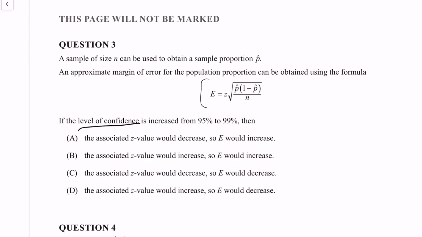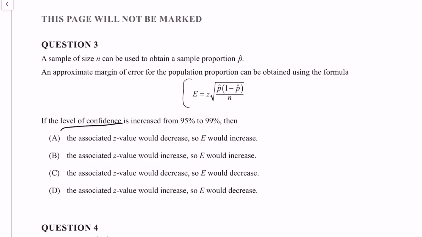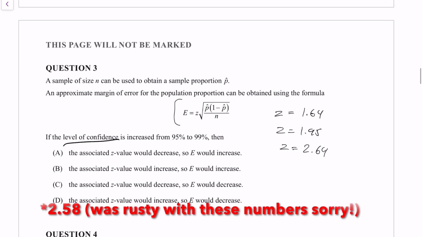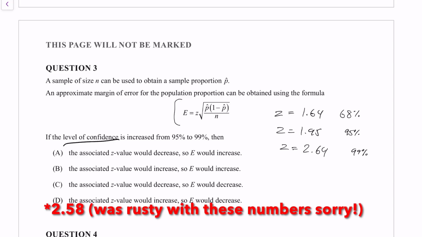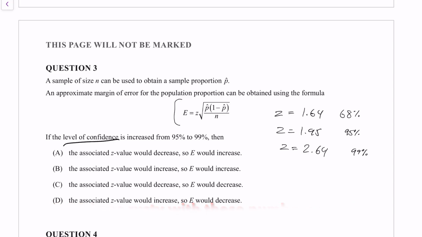From memory, the z values were something like 1.64, 1.95 and 2.64. You might have to check with that. I'm a bit rusty with these z values, but take this with a grain of salt.